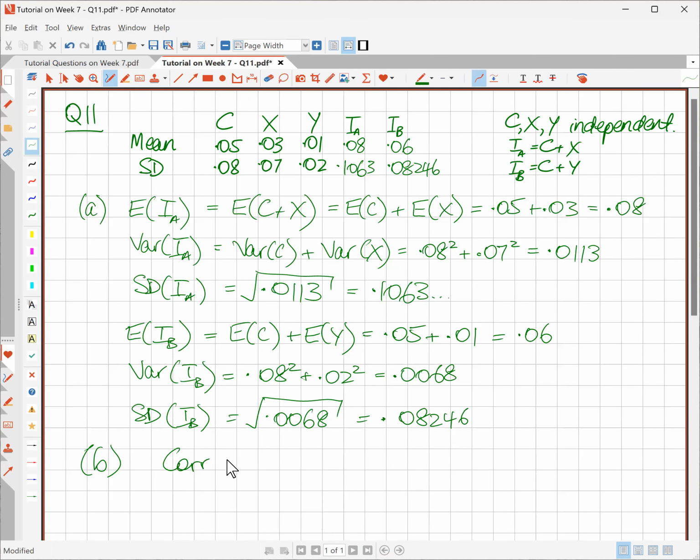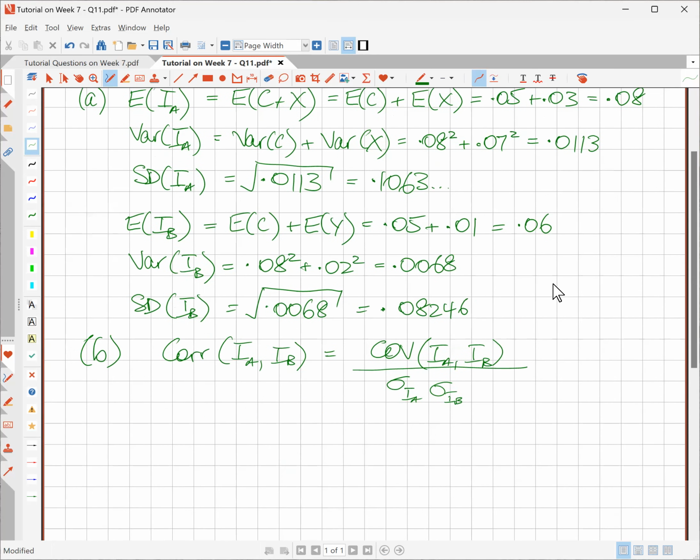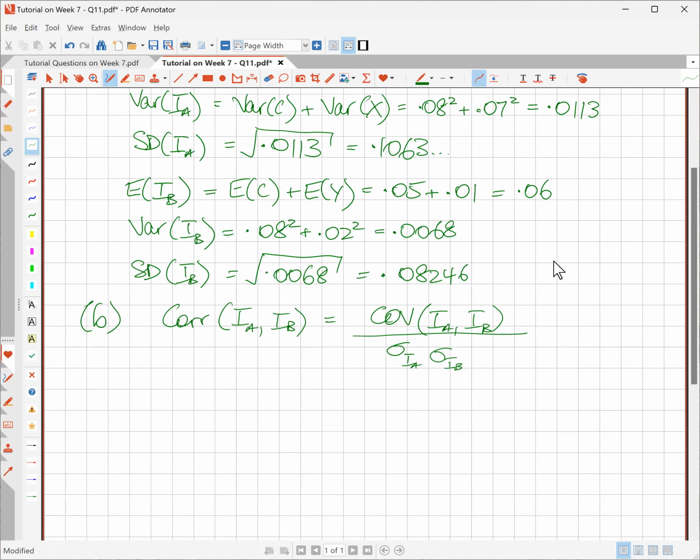Now, the correlation between two random variables is equal to their covariance divided by the respective standard deviations. Now, we've calculated the two standard deviations in part A, so the immediate issue here is to calculate the covariance.